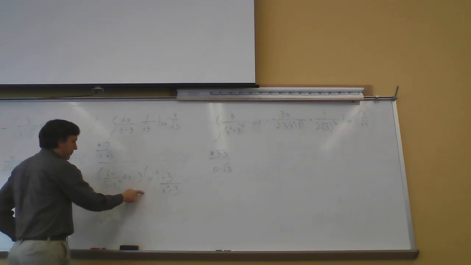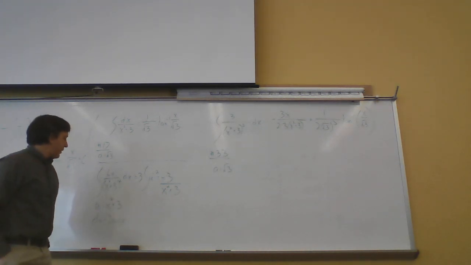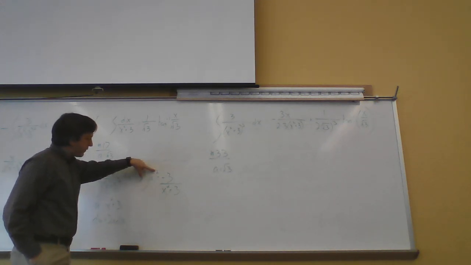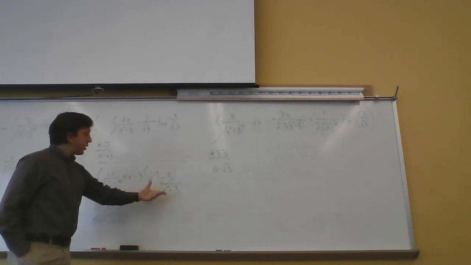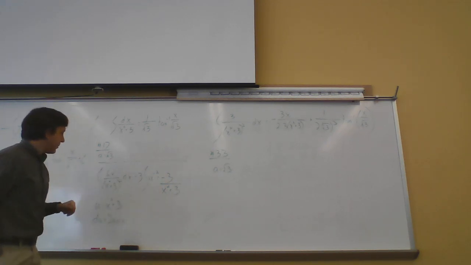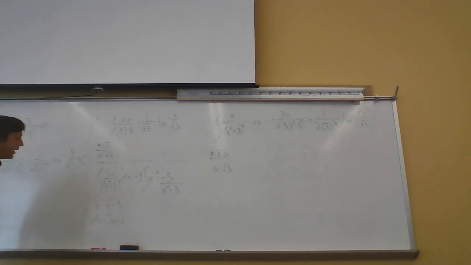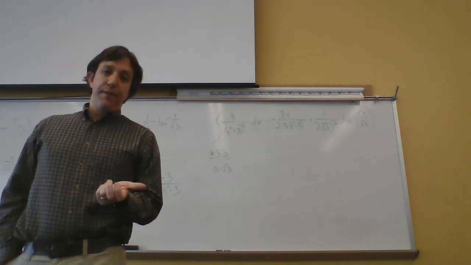So I have 3 times the integral of u to the negative second. If we integrate that, we add 1, which gives us negative 1, and we get negative 3 over u, because we had u to the negative first. I just put the u back in, x squared plus 3. So there's our first two parts of that massive answer that we had for that last problem.